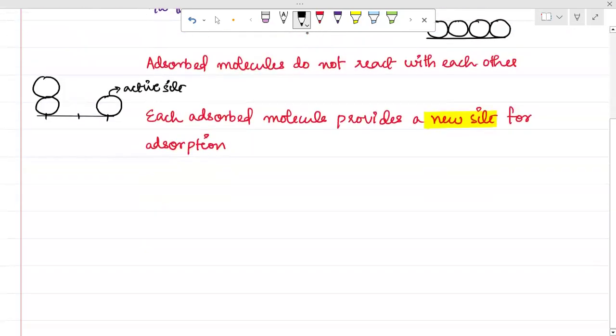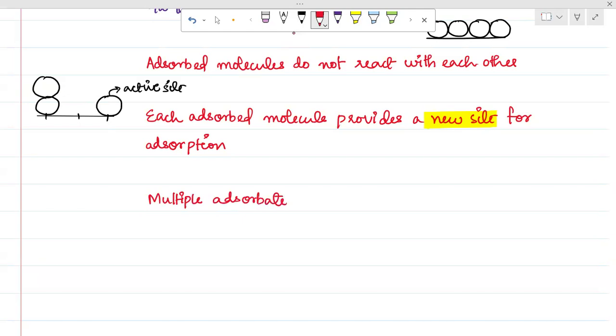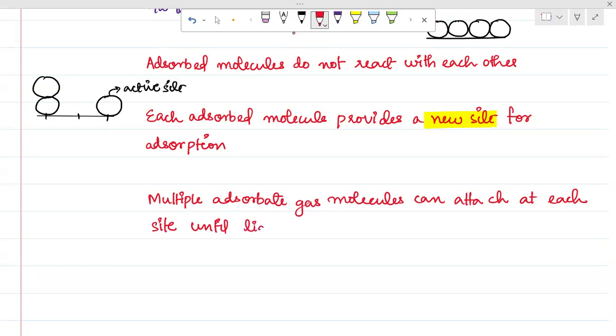So you write that down: multiple adsorbate gas molecules can attach at each site until liquefaction happens.